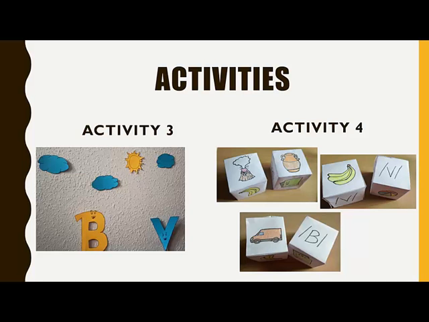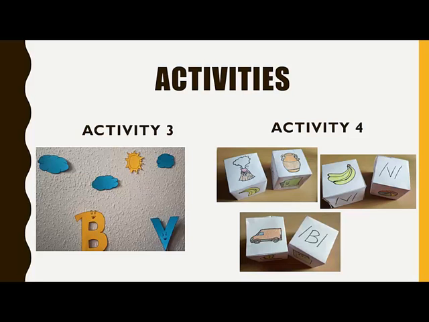And when they listen to a word with the sound B, the other group has to jump. This activity will last approximately 10 minutes, and we need the video and flashcards with the objects.